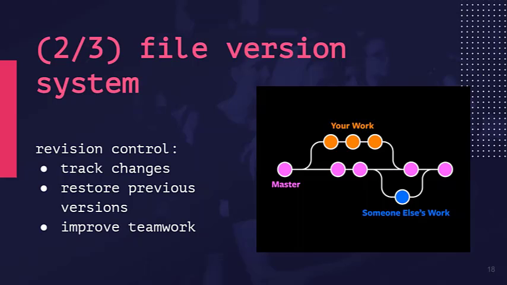I know you only changed text, but something's not working anymore. And a file versioning system is something that will let you retrieve a previous version of the code, and you can restore it, and only afterwards you can think about what exactly went wrong.